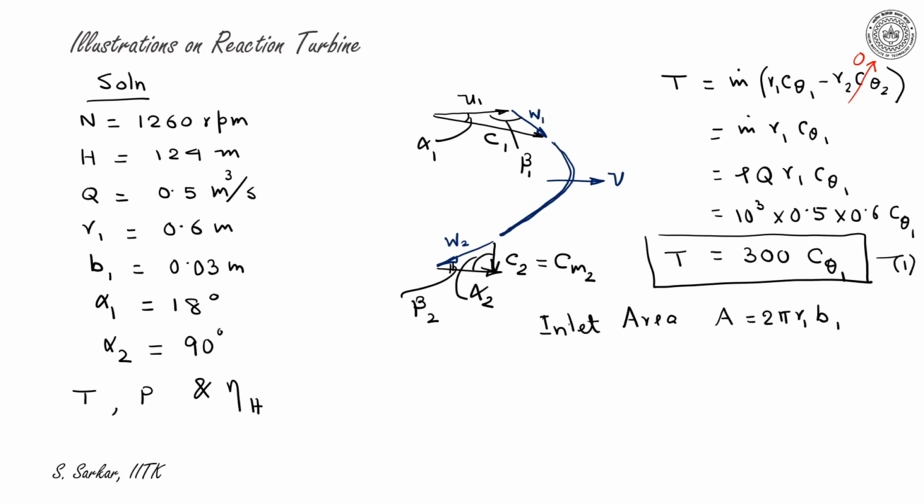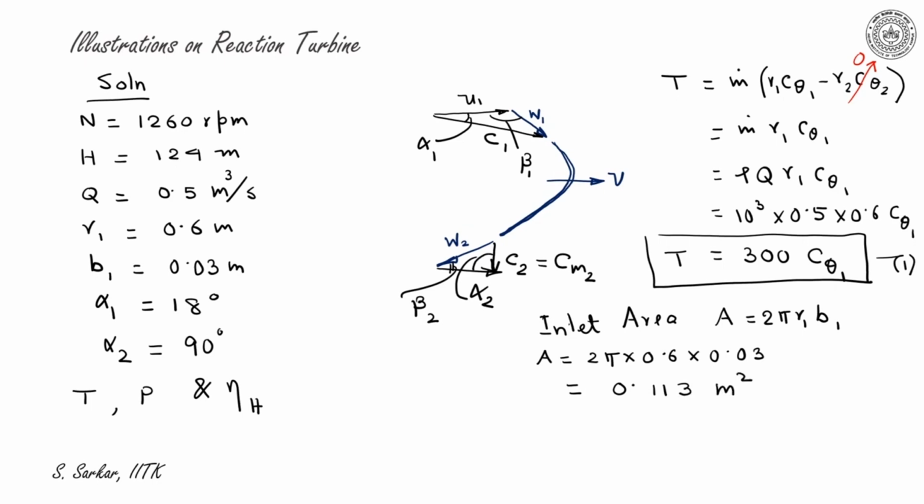So let me put the values. Thus A would be equal to 2 pi into 0.6 into B1, which is 0.03. If you do the calculation, it would be 0.113 meters squared.